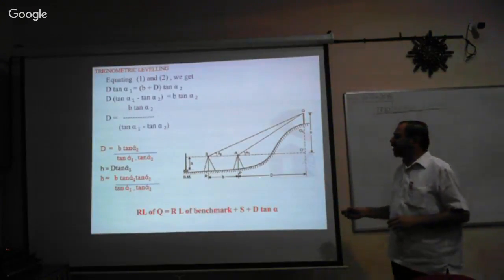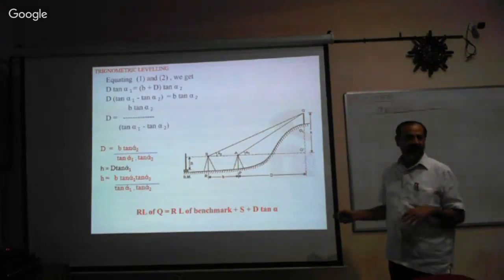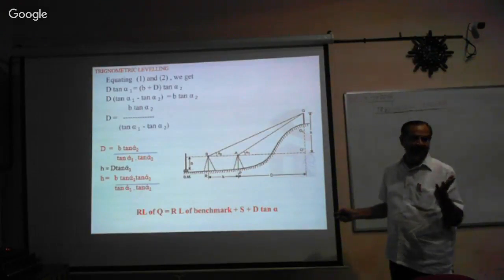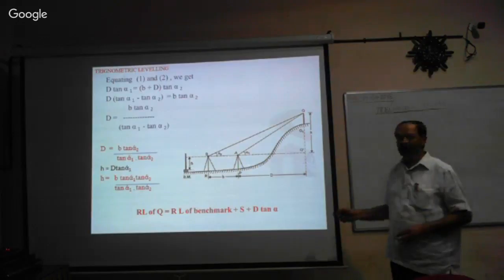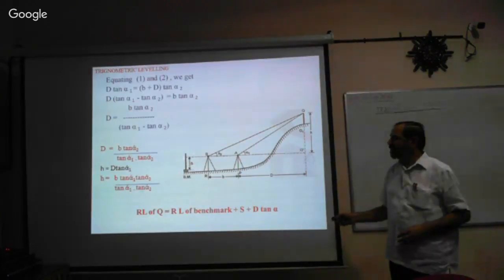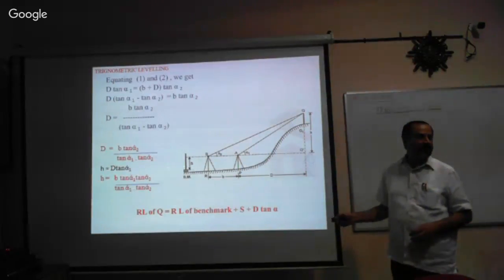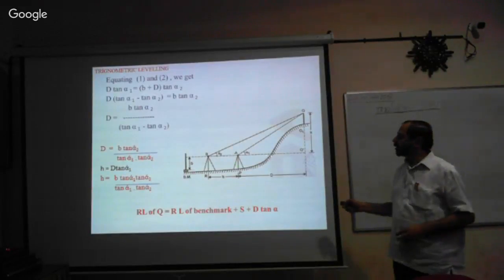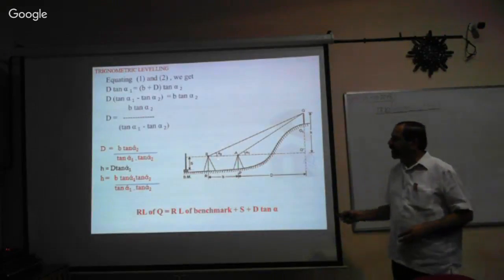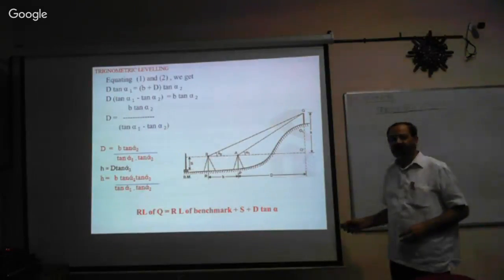Now see, first install the instrument, perform a temporary adjustment, isn't it? Make the vertical circle read 0. Then measure the staff reading on the benchmark, isn't it? Then measure the vertical angle. Then shift the instrument to a convenient place.